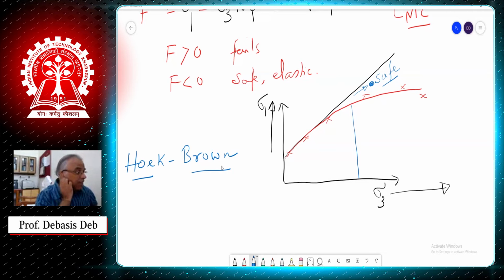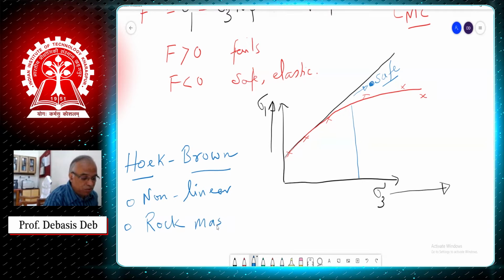After a lot of study, they have proposed a failure criteria which is non-linear in nature, and not only that, so this thing is non-linear, number 1, and number 2, this can also be used for rock mass.